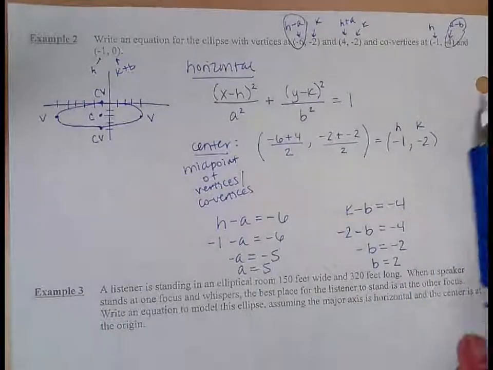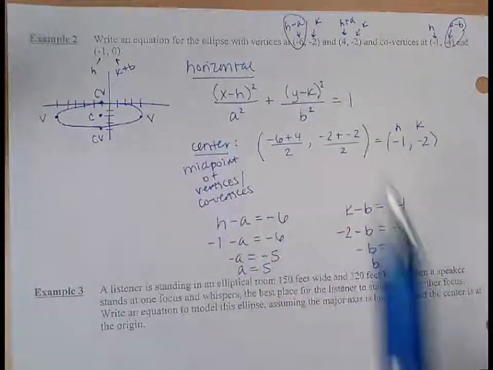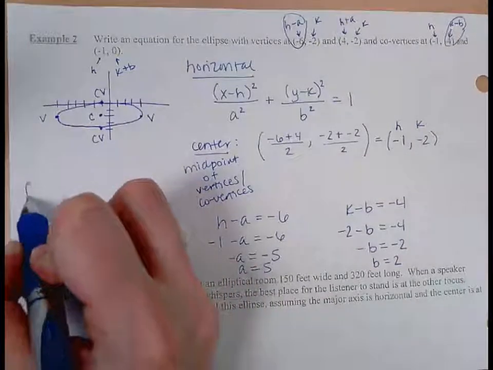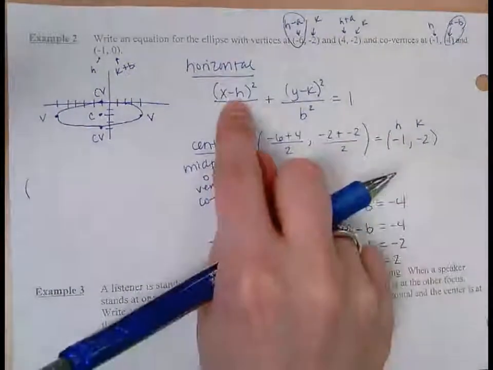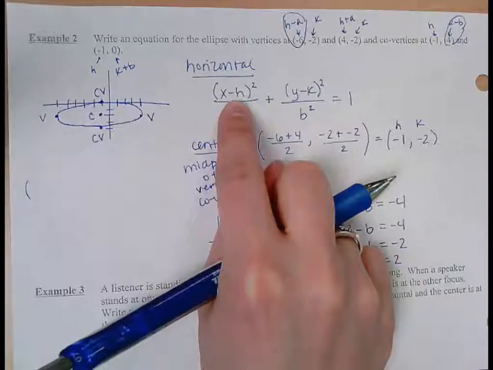So now that I have h, k, a, and b, I can fill them into my standard form. Since h is -1, x minus -1 is going to be x plus 1.